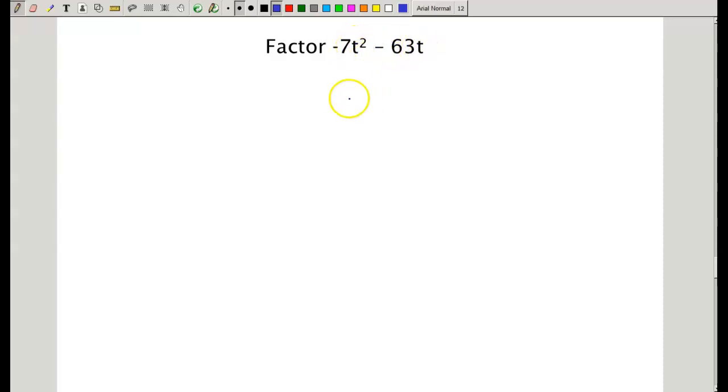They both have a t, so I can divide out a 7t from both of these things. And beyond that, we can factor out a 7t. We could also factor out a negative 7t. Now that's kind of preference here, but if I factor out a negative 7t, so let's say I divide everything by negative 7t, I divide both terms by that.